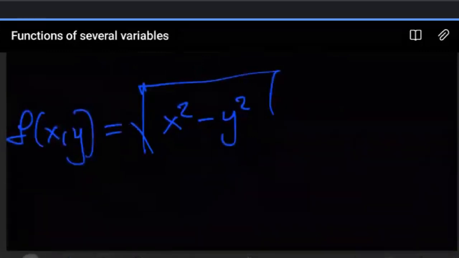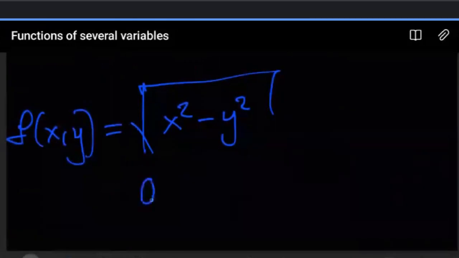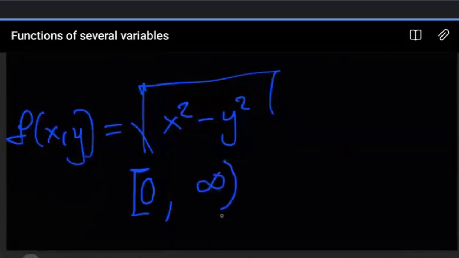So because we cannot have negative solutions, we went as far down as possible. The starting point ended up being 0 because any further down would be negative. So we say that the range is going to start from 0, but from there we can only go up. So we ended up going from 0 all the way up to positive infinity.